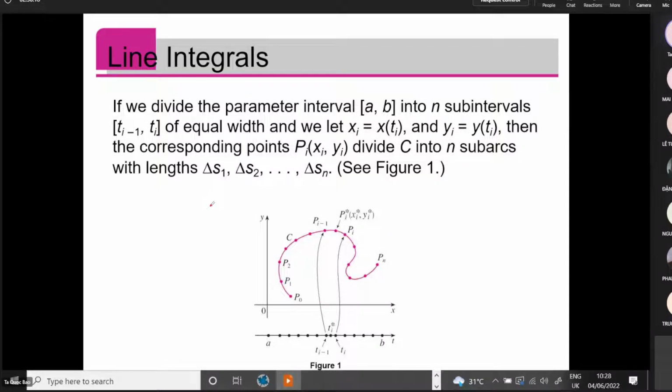Now we will divide the parameter interval [a, b] into n subintervals [t_{i-1}, t_i].